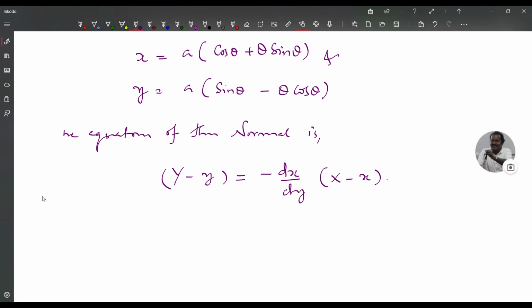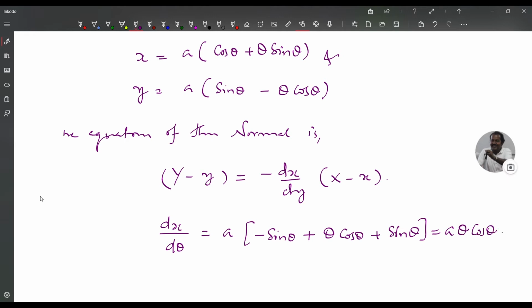So we have dx by d theta is a into minus sine theta plus theta cos theta plus sine theta. So this is a into theta cos theta.